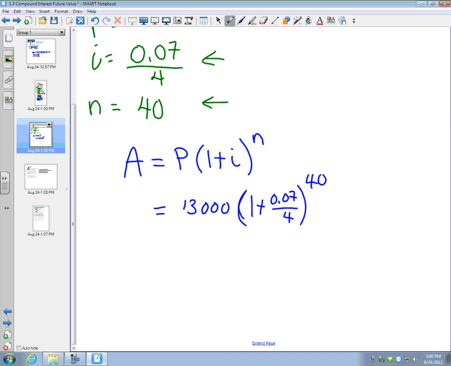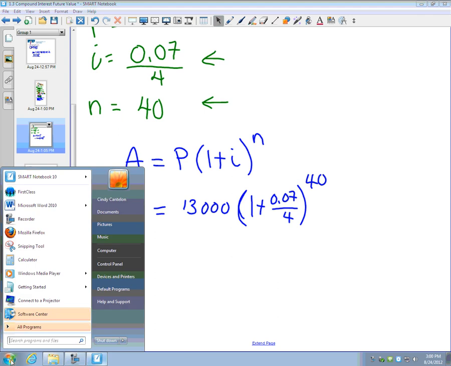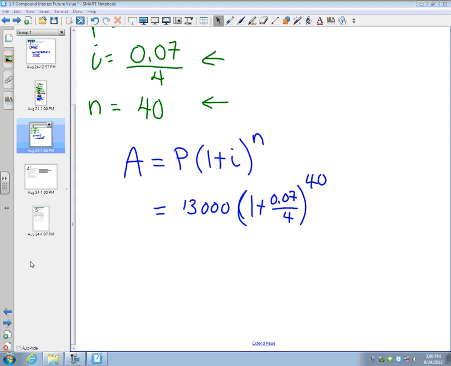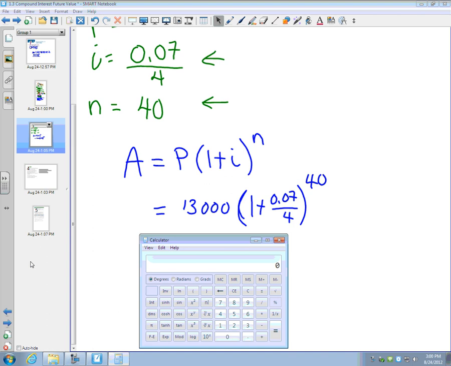Okay, let's try that on our calculator here. Oops, where does my calculator go? There it is. Okay. Order of operations. Remember it's brackets first. And inside brackets, I have a division. So I'm going to do that division first. So 0.07 divided by 4, and then I go plus 1.